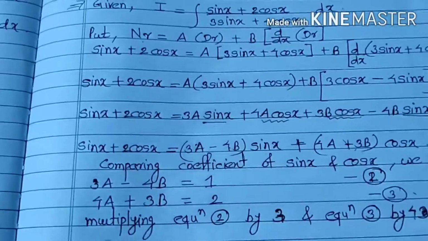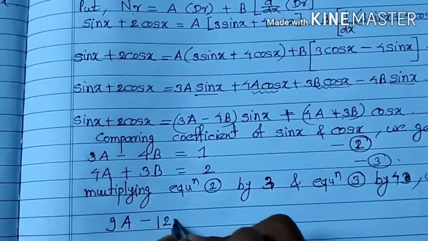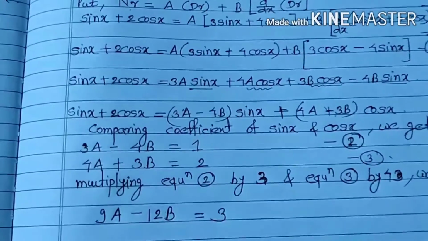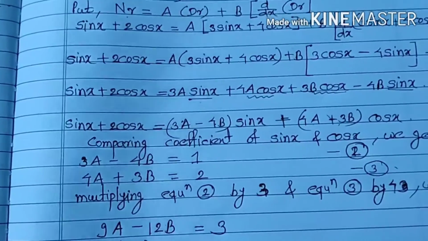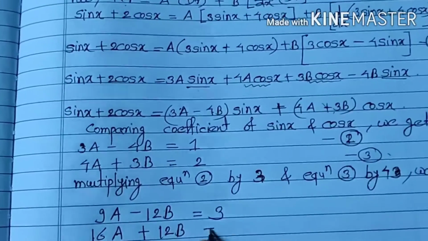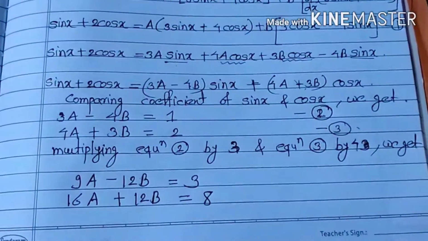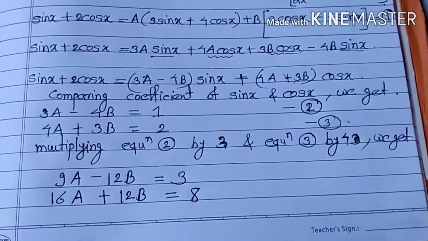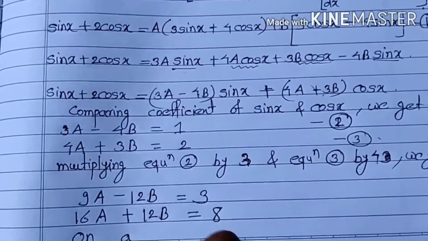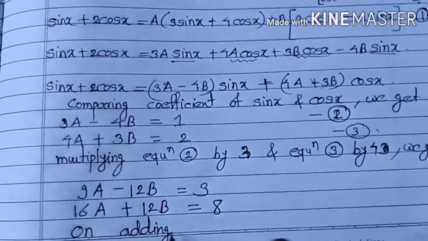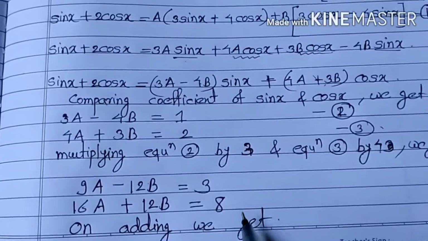Okay, so we get 3 into 3a, so it is 9a minus 12b is equal to 3, and here we have to multiply by 4, so it will become 16a plus 12b is equal to 8. So if we add this, then minus 12b plus 12b get cancelled. So after addition, we get only 25a is equal to 11.